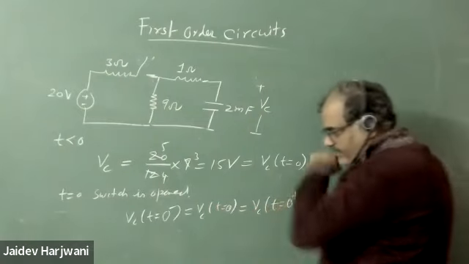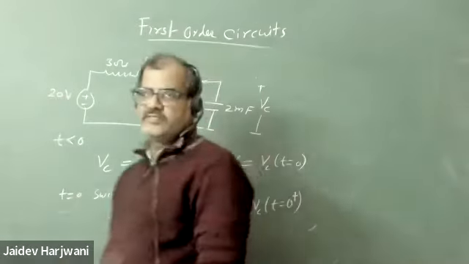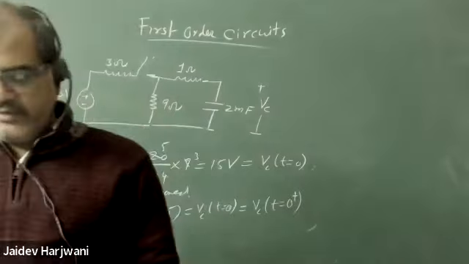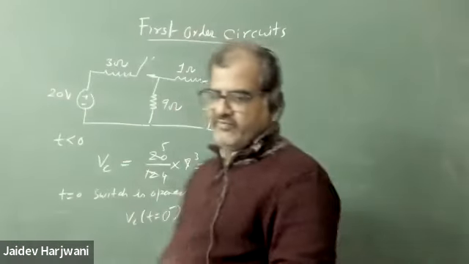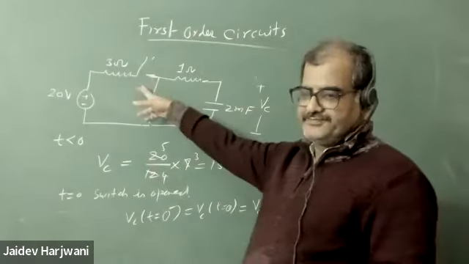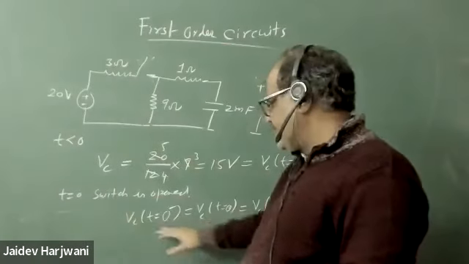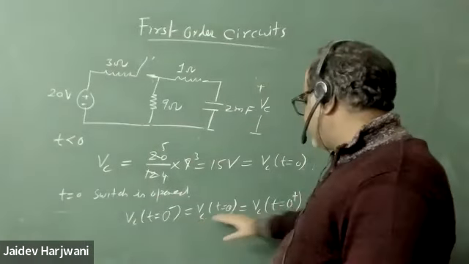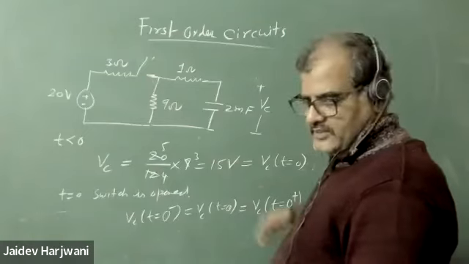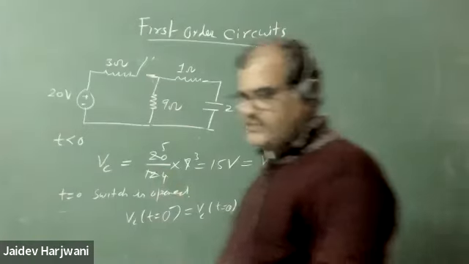I told you the capacitor voltage cannot change suddenly. So whatever voltage you have before opening this switch, that will be maintained at t is equal to 0, and just after t is equal to 0, 0 plus.